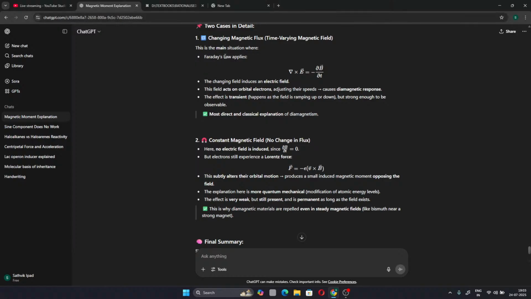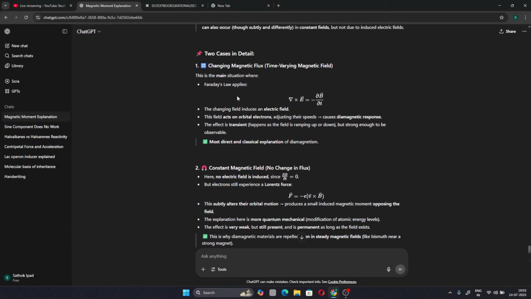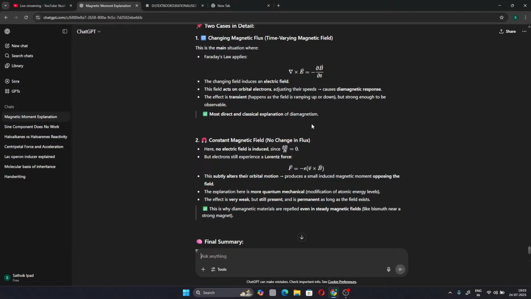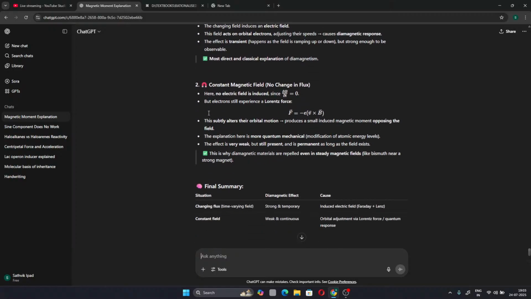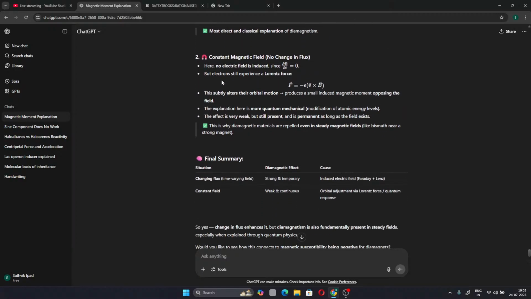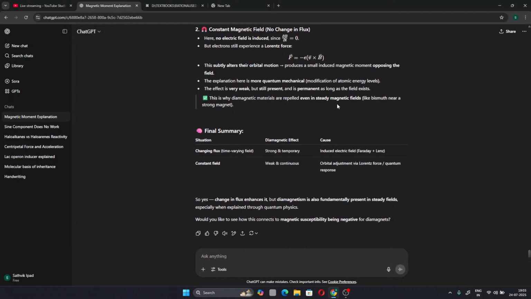Changing magnetic flux is the main situation where Faraday's law applies, where the change in magnetic field with change in time induces an electric field. This subtly alters their orbital motion and produces a small induced magnetic moment opposing the field.